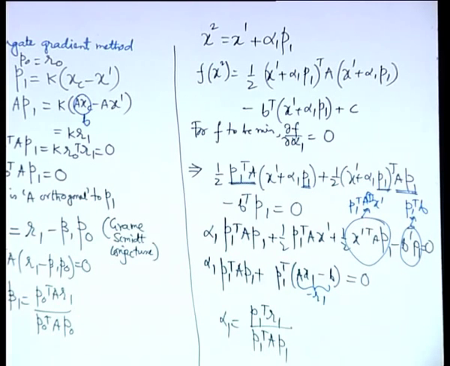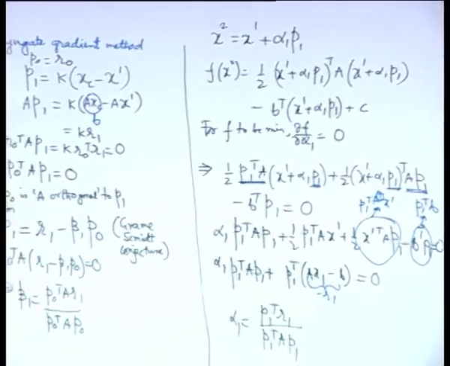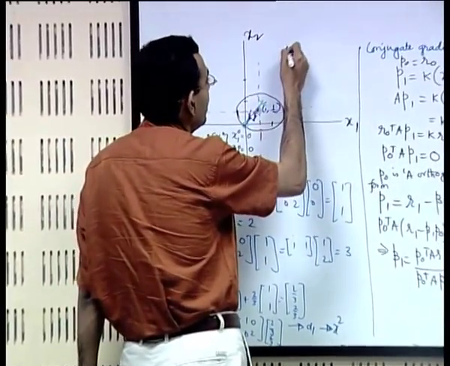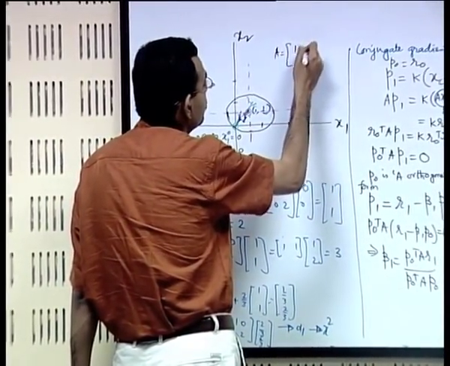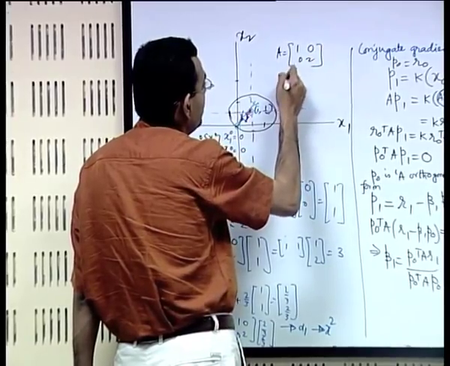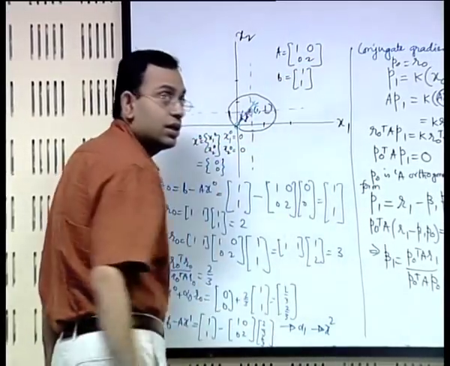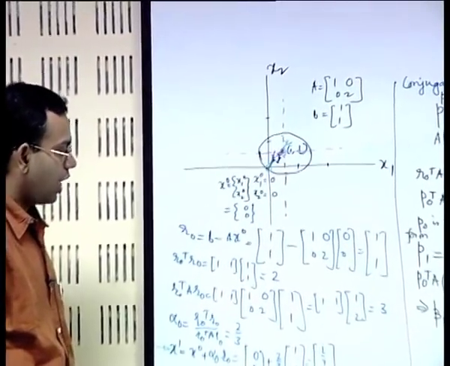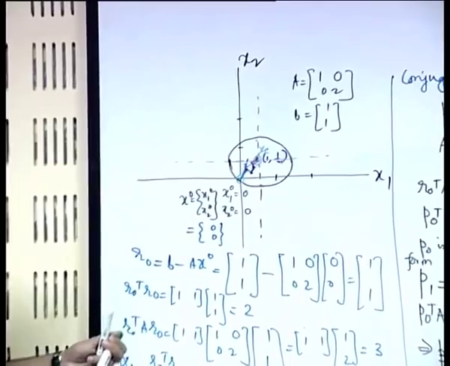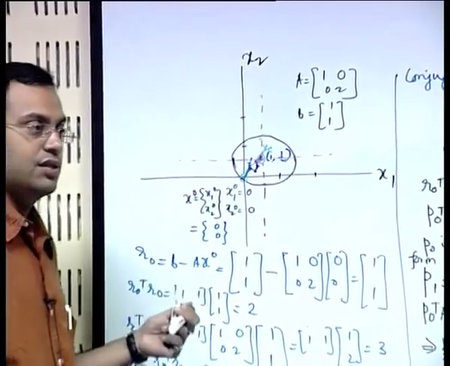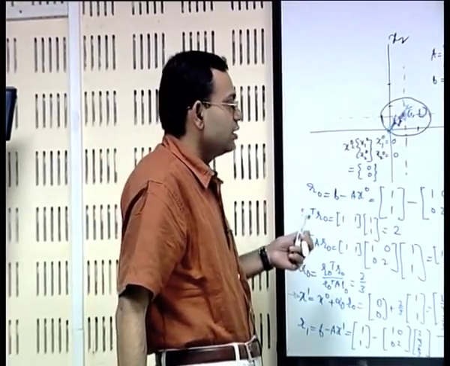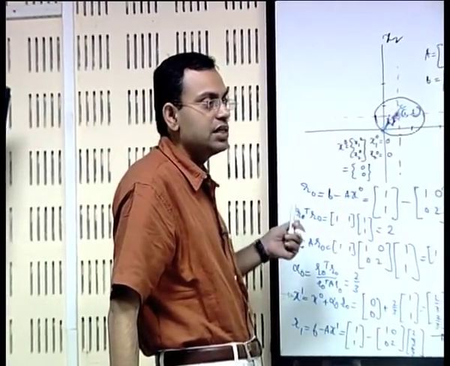How to implement this in practice? Let us follow the previous example using which we will try to illustrate. The same example where A is equal to [1 0; 0 2] and B is equal to [1 1], we have to find out the value of x. Remember that the first few steps of the conjugate gradient method are the same as the first few steps of the steepest descent method.